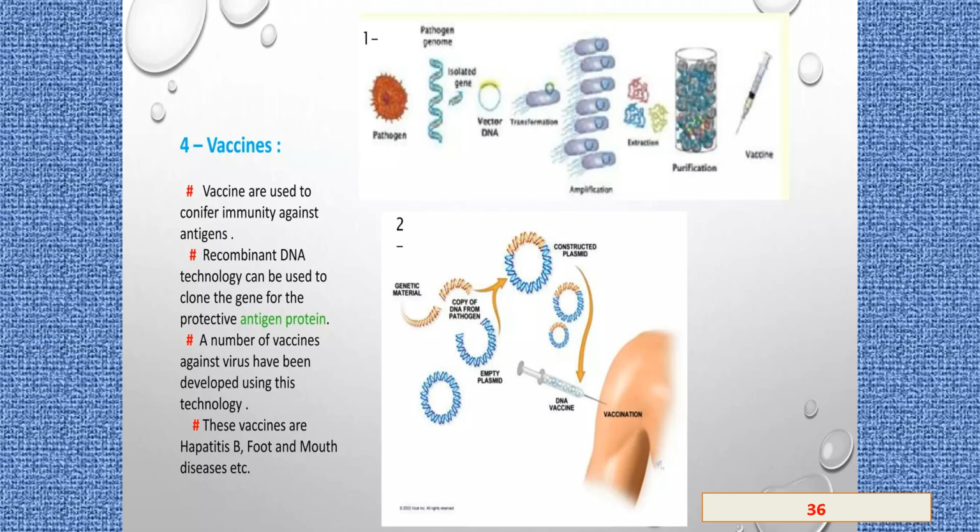Then vaccines are also produced, like hepatitis B and foot and mouth disease. On the animal side, the foot and mouth disease vaccine is already produced using recombinant DNA technology.